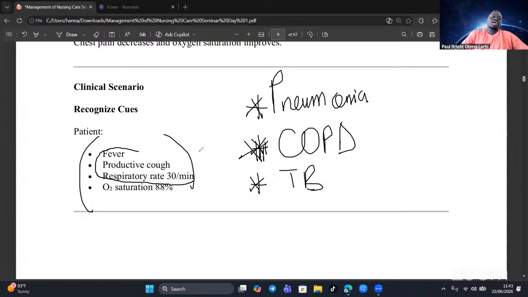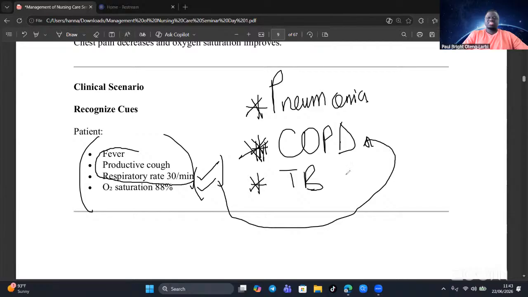So you should tell us why you chose tuberculosis and which one was your key clue, your master clue. Respiratory rate and oxygen saturation. Okay, so you are looking at these two to relate it to COPD.